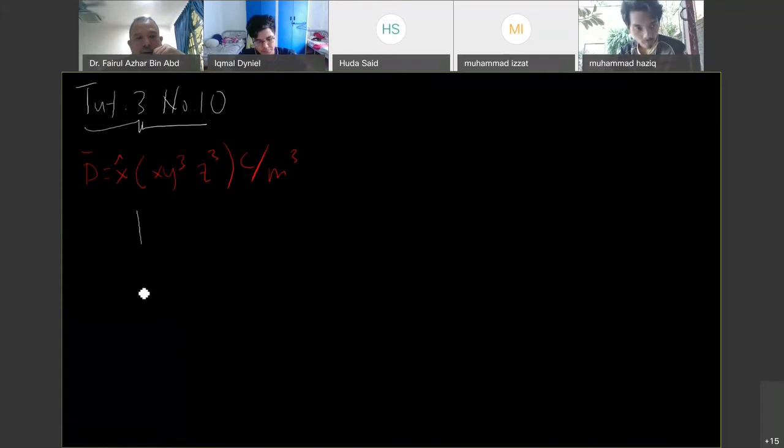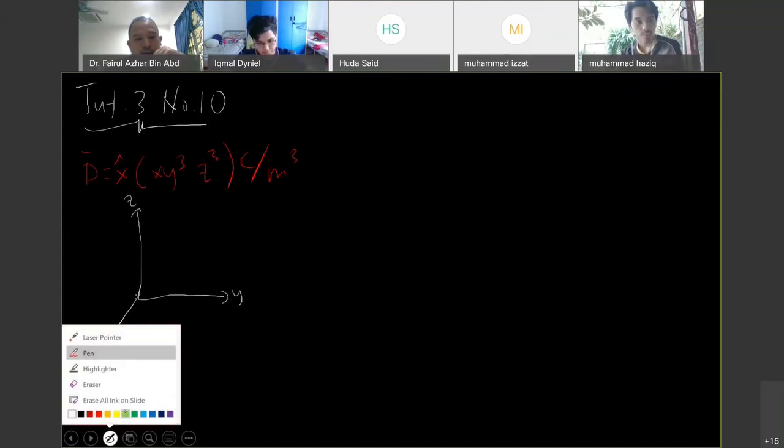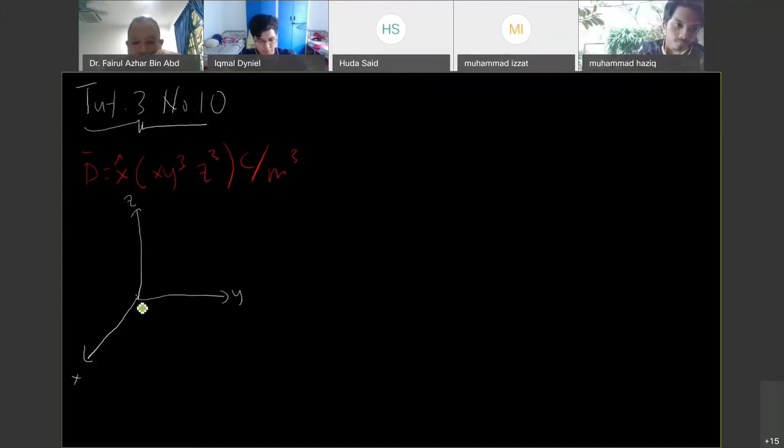So we have a cube. This is our x, y, and z axes. Basically the cube resides in the first octant, with three of its sides on the axes. So it means like this. It is located here.